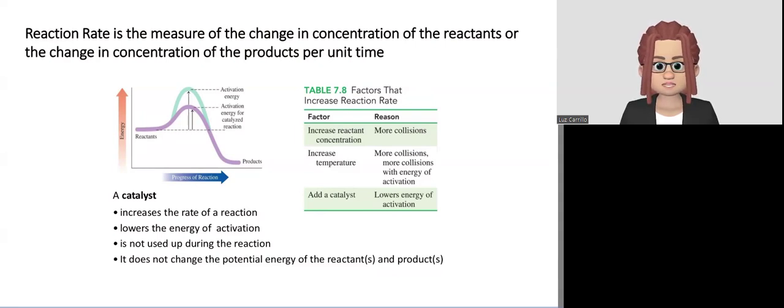The reaction rate for a chemical reaction is a measure of the change in the concentration of the reactants or the change in the concentration of the products per unit time. And when it comes to chemical reactions, there are things that actually affect the reaction rate. All of those observations are summarized in table 7.4.